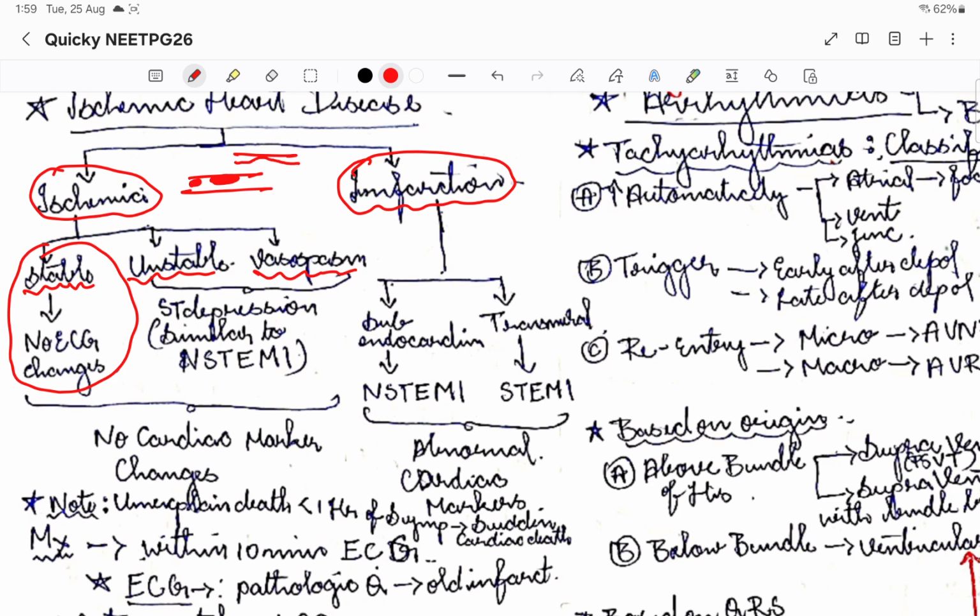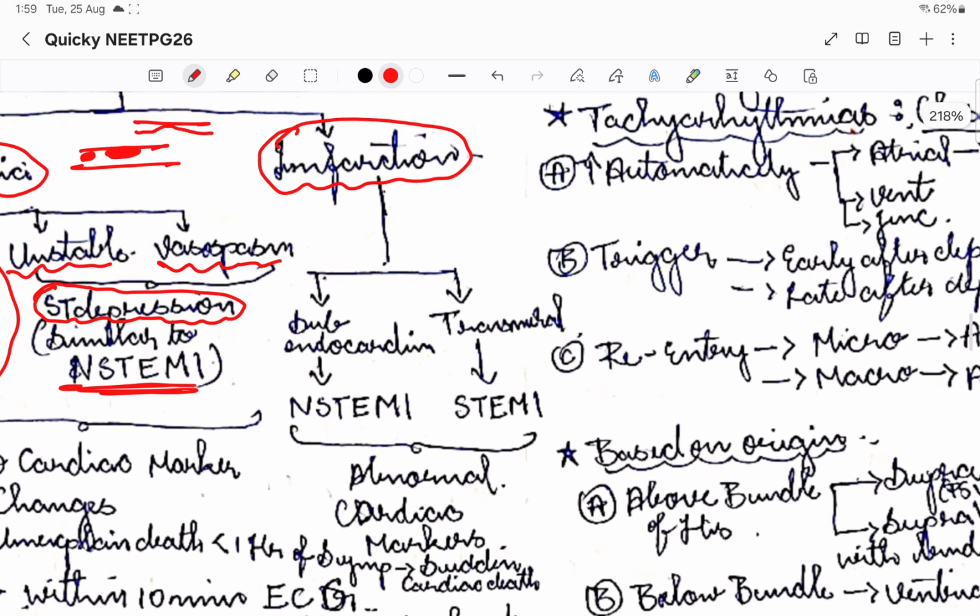Please note that in stable ischemia there is no ECG change, whereas in unstable angina and vasospasm there will be ST depression on ECG. This is very similar to NSTEMI, which is why we might confuse the patient with NSTEMI. We'll see what NSTEMI is, and I'll come back to the cardiac markers again.